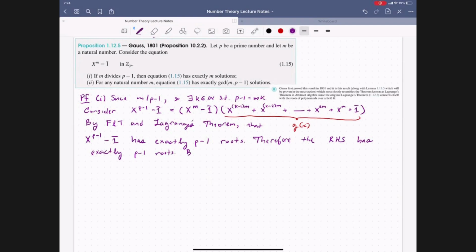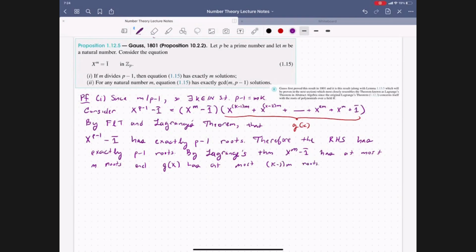By Lagrange's theorem, x to the m minus 1 bar has at most m roots, and g of x has at most k minus 1 times m roots.